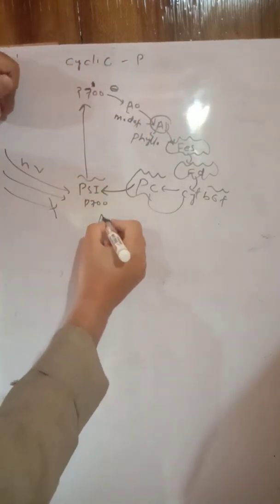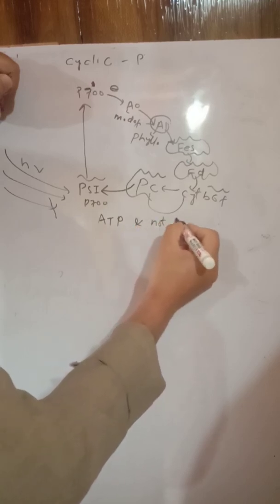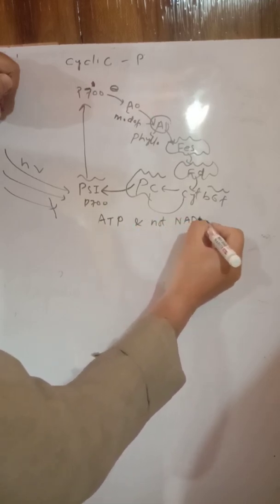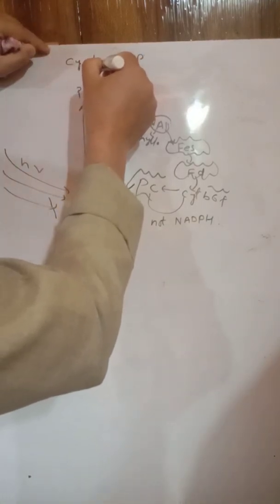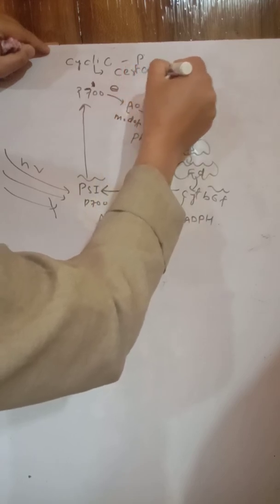That is the reason it is called cyclic photophosphorylation. In cyclic photophosphorylation, there occurs only synthesis of ATP and not NADPH. This type of electron transport occurs only in certain bacteria and not in higher plants.